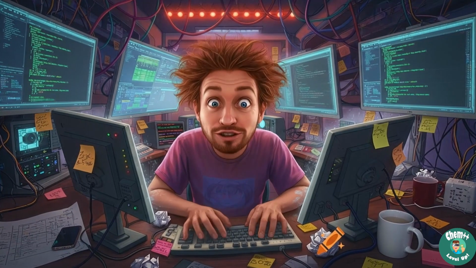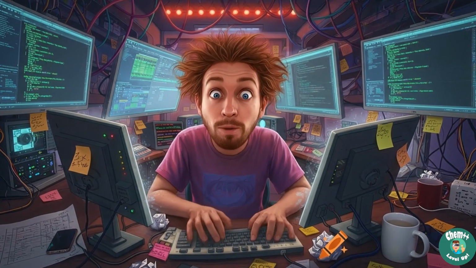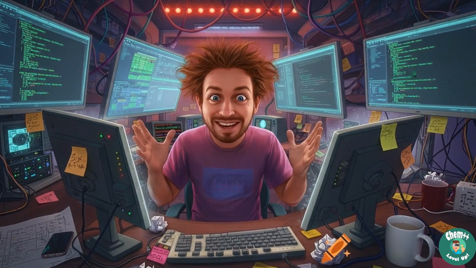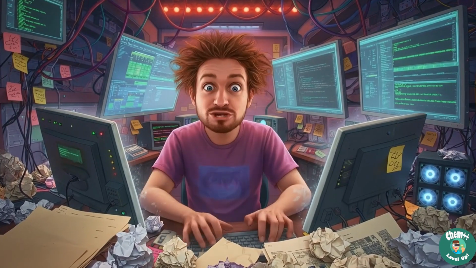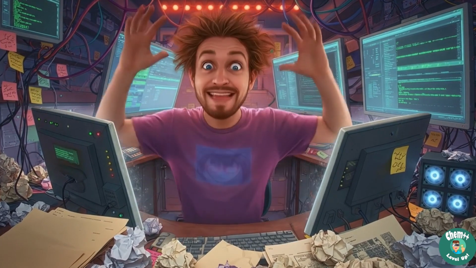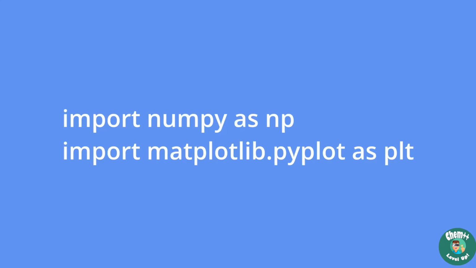Let's look at the two ways to bring tools into our script. If we want an entire library, we import it and give it a convenient nickname, an alias, using the as keyword. For example, import numpy as np. Import matplotlib.pyplot as plt.